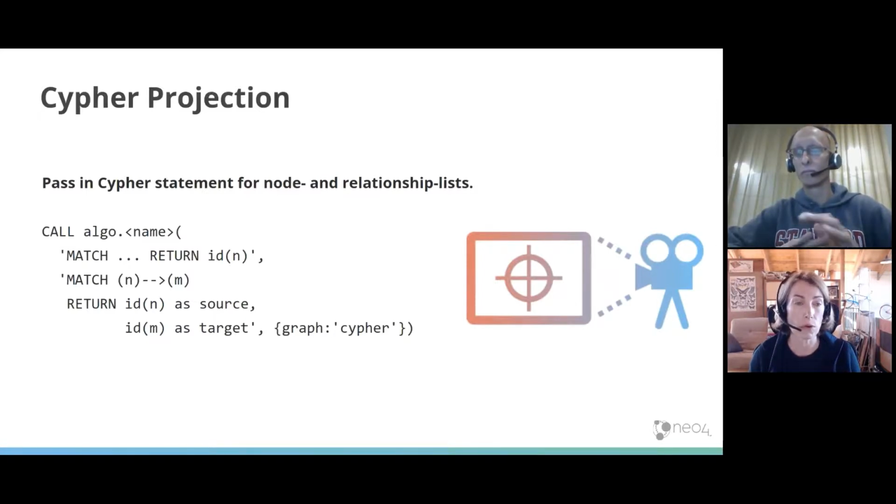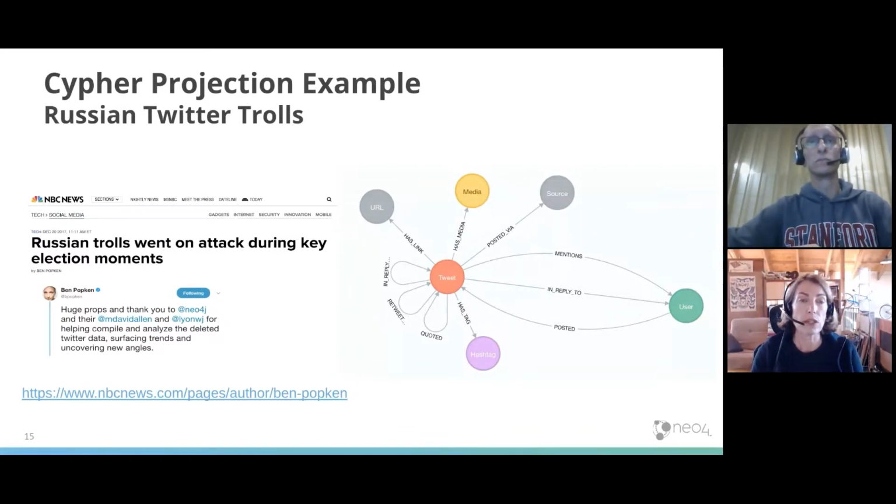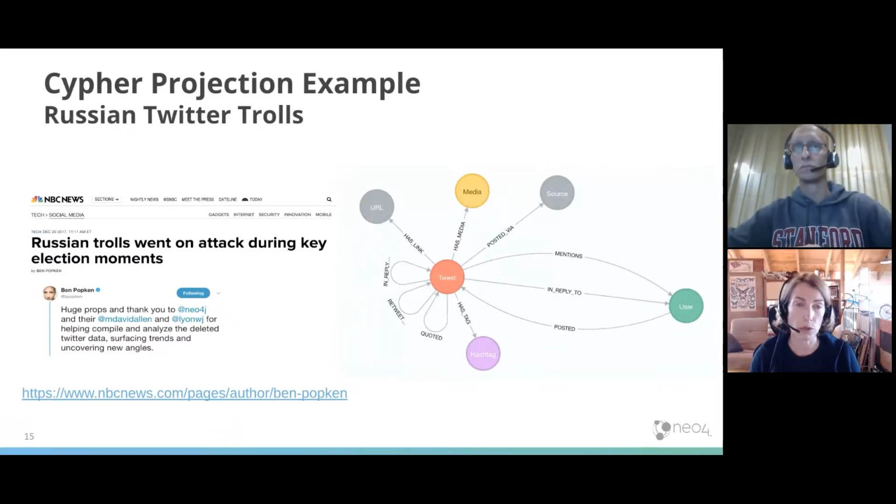It also allows us to do a couple other really neat things, and I think the next couple slides show us an example of using Cypher projections to infer some interesting results as well. The DevRel team and the labs team did a really nice example. Will Lyon was really involved in looking at Russian Twitter trolls.